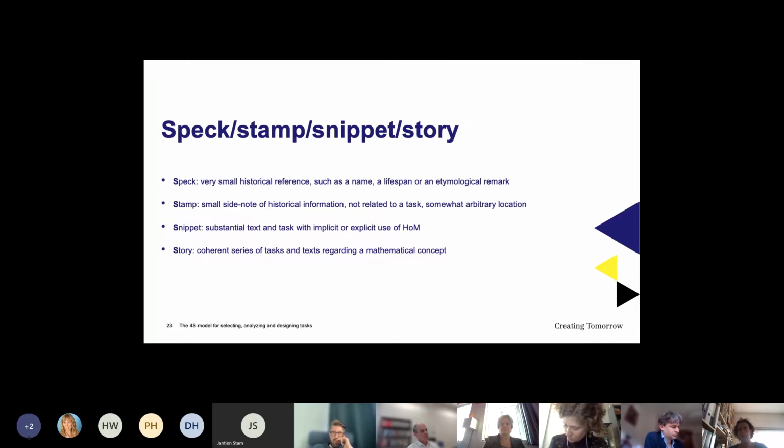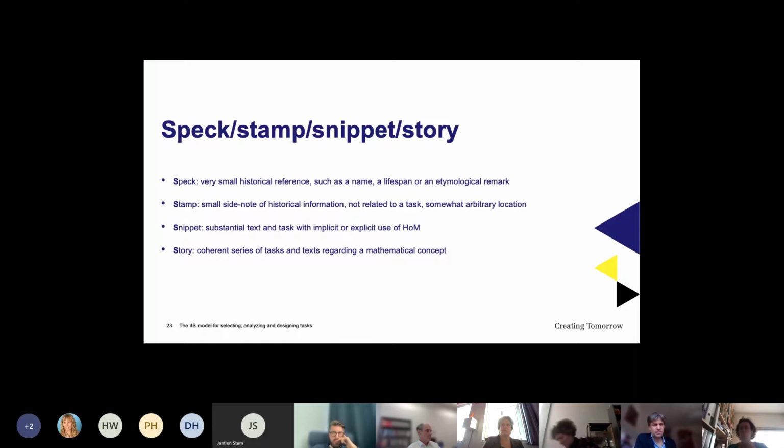Then the stamp would be a small side note, some historical information not particularly related to a task, at a somewhat arbitrary location. The snippet is a more substantial text, and it's related to a task, and it uses history of mathematics either implicitly or explicitly. And finally, the story is a coherent series of tasks and texts regarding a certain mathematical concept.